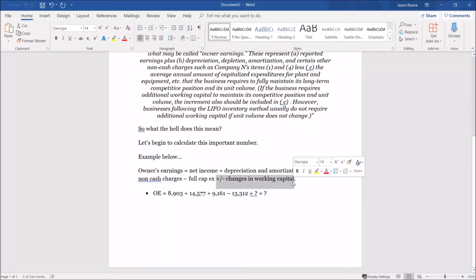Again, time-consuming, confusing. This is probably one of the things I get most questions about in my masterclass is this section right here of the owner's earnings. This and probably the TEV calculation are probably the two things that I get asked the most questions about in my masterclass.